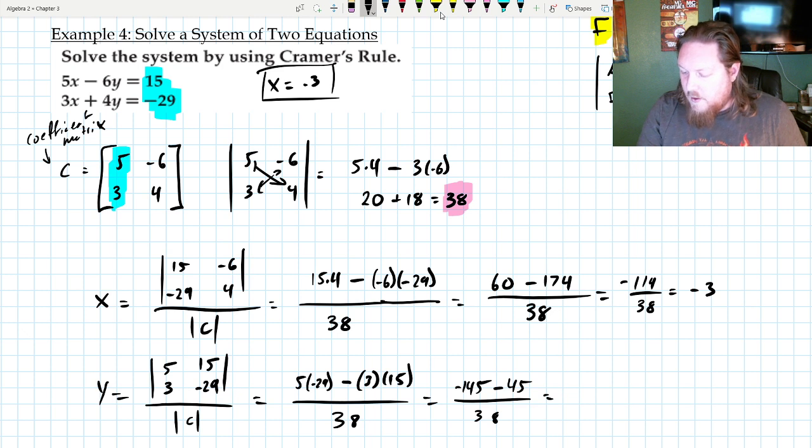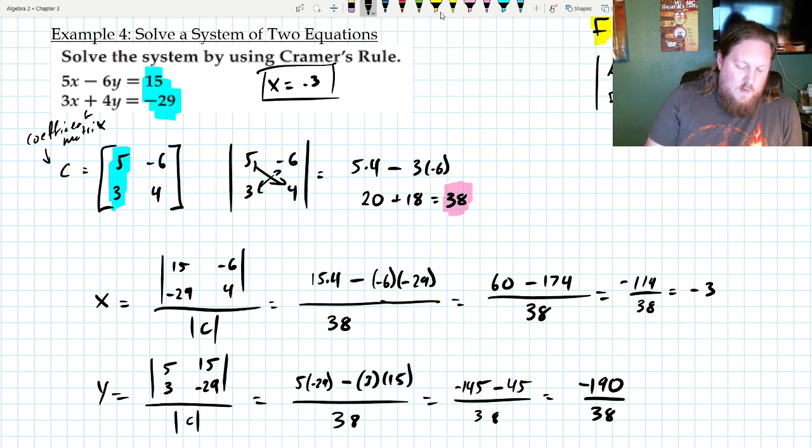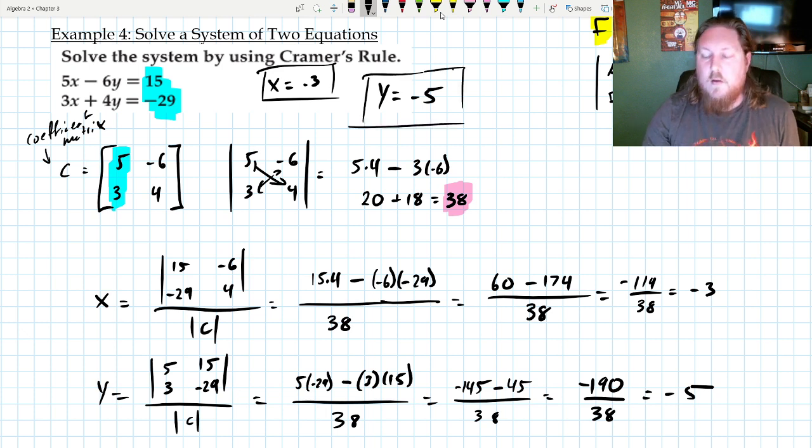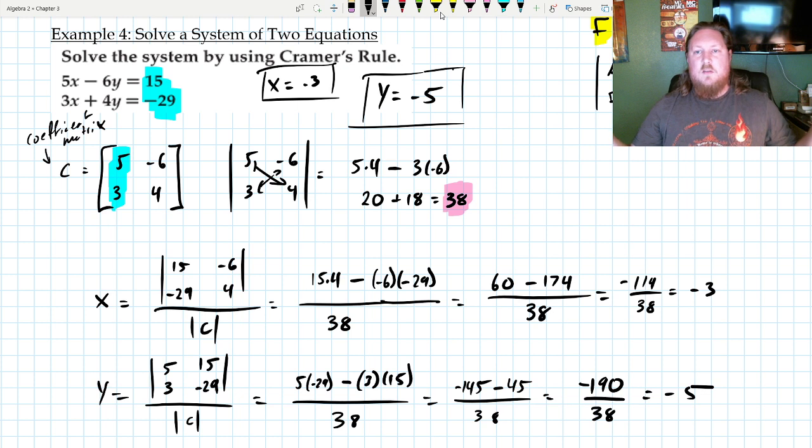So we have -190 divided by 38, which is -5. So y equals -5, and I've solved the system of equations.